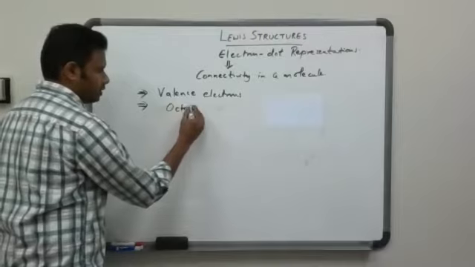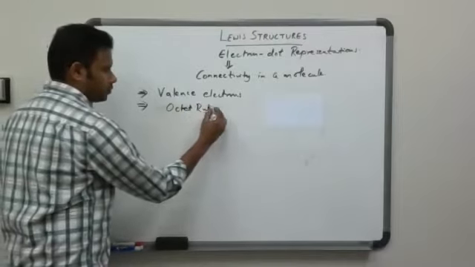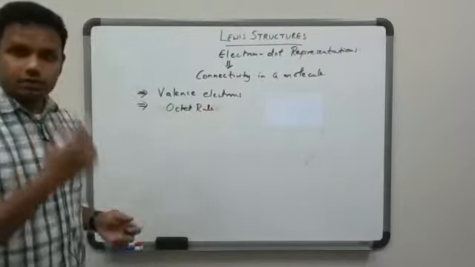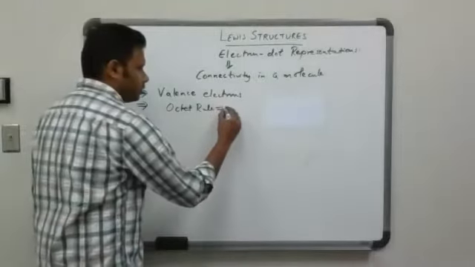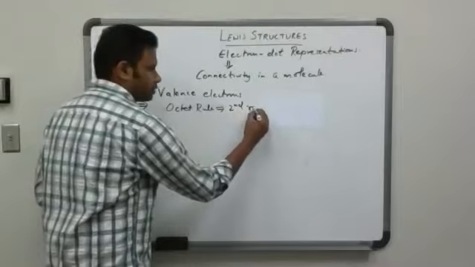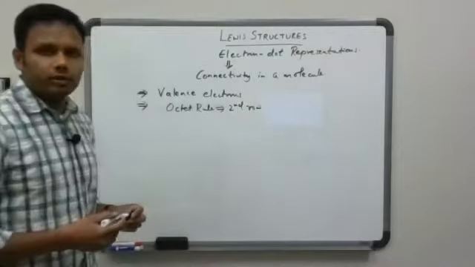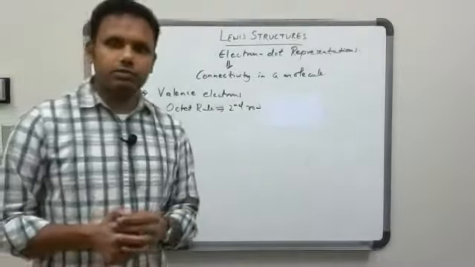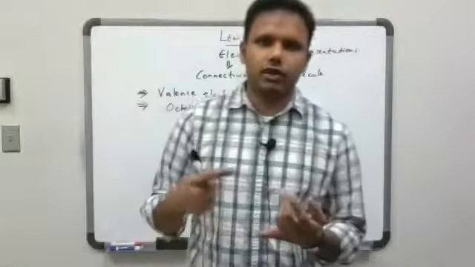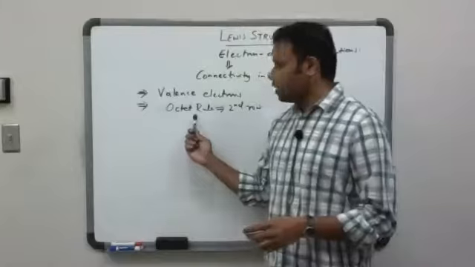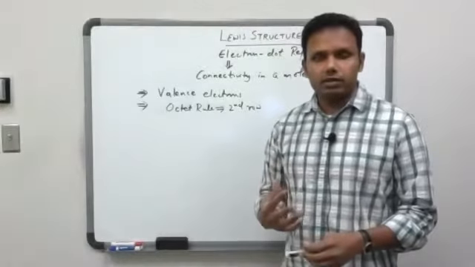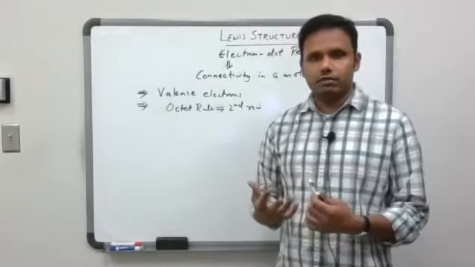We'll just say octet rule. So consider the octet rule always. That means elements in the second row, and this is important because most organic compounds that we will be discussing comprise carbon, oxygen, nitrogen, hydrogen, etc. For those, the octet rule must be obeyed.